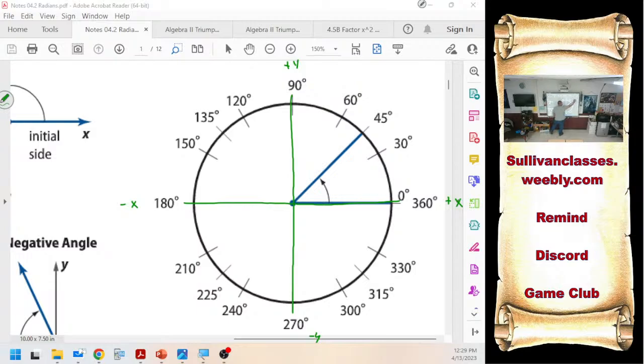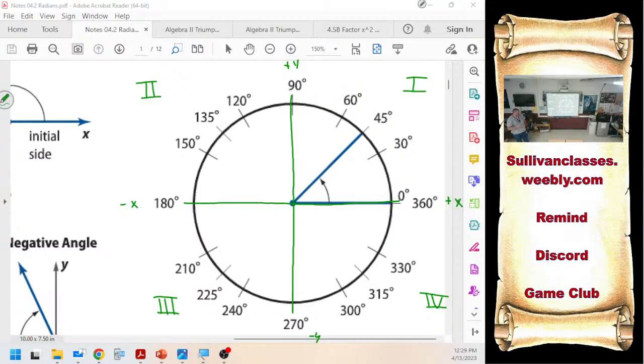We call this quadrant 1, quadrant 2, quadrant 3, and quadrant 4. Which is why my angles are measured counterclockwise for positive angles. Okay?